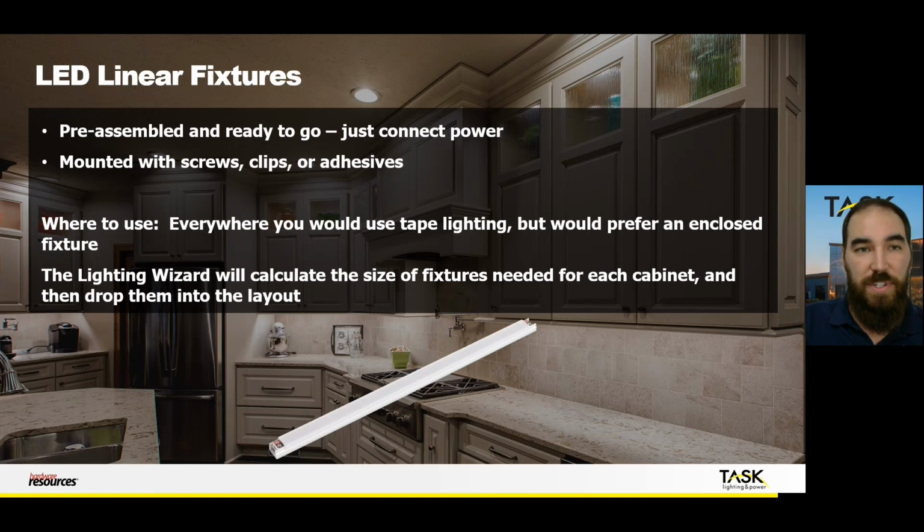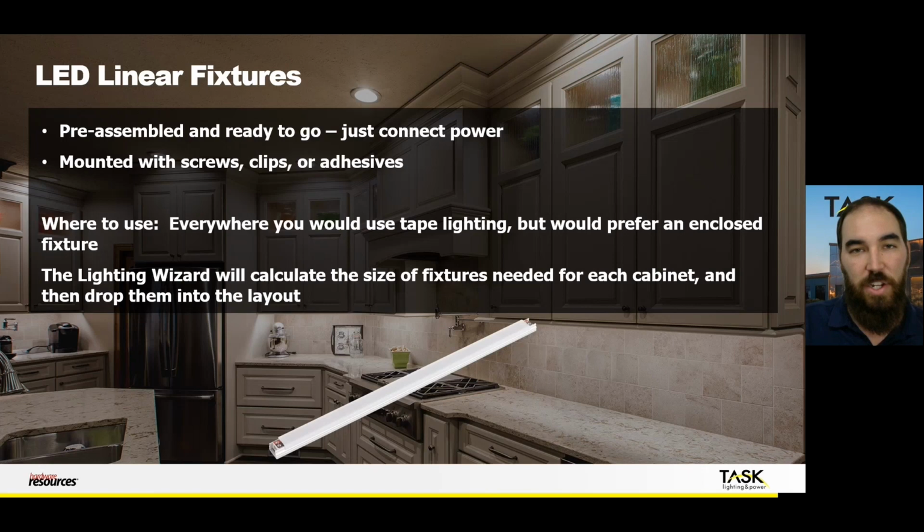So lighting fixtures are also another great entry point into lighting. If you're not comfortable with the idea of the customization of tape lighting, cutting it to size off of the roll for what you need with your installer, the fixtures are a great alternative because they're already pre-assembled. So I would highly recommend that you mess around with these.